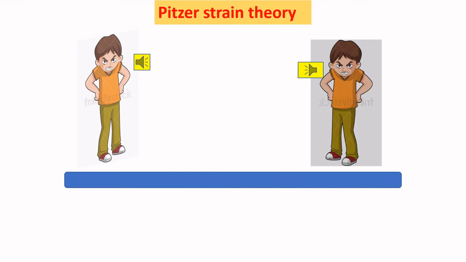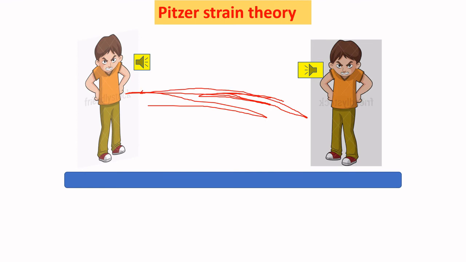This fellow doesn't want anybody around him, and this fellow also doesn't want anybody around him. So whenever these two fellows meet, there will be a repulsion between them, right? This fellow will tell you go away, stupid fellow, and this fellow will tell you the same. Basically there is instability between these two fellows.